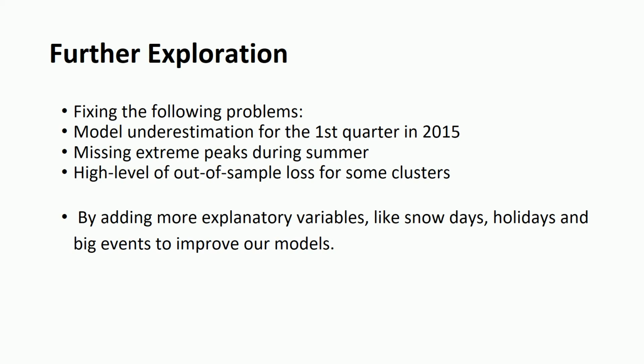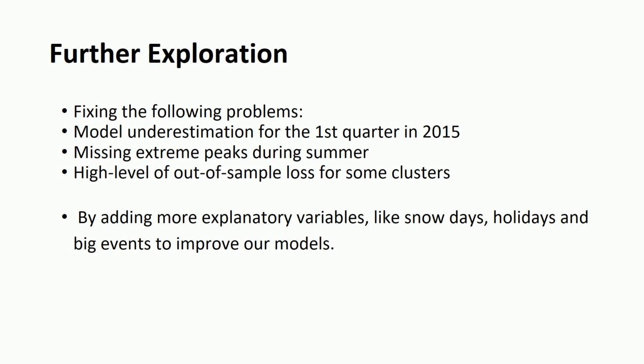However, there are still some problems we need to fix. One problem is that the model underestimates the first quarter in 2015. Another problem is that it misses extreme peaks during summer.